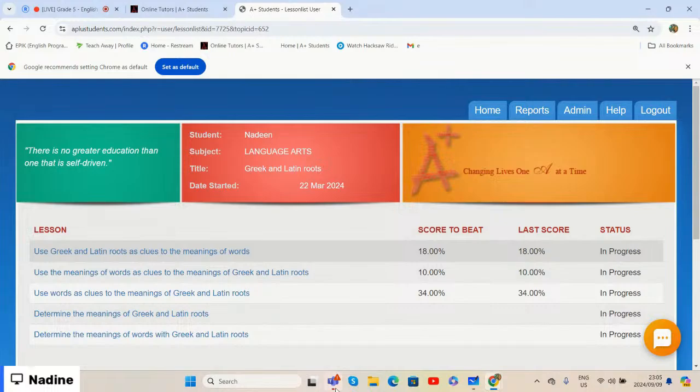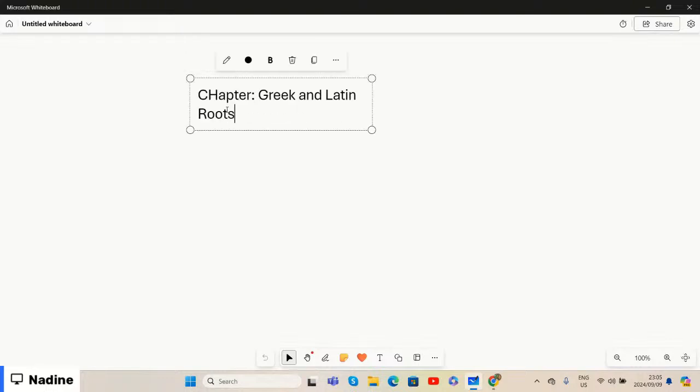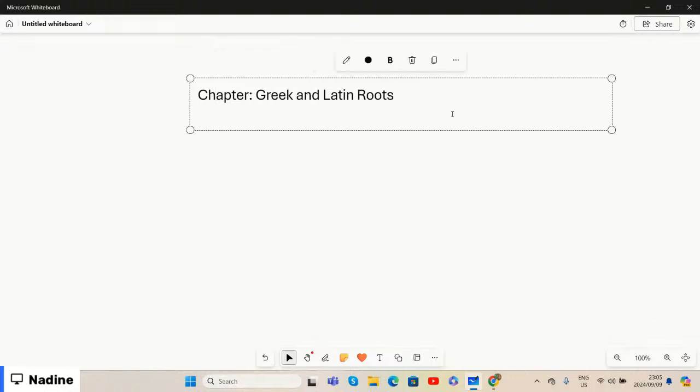So our chapter is Greek and Latin roots. The subject is English Language Arts.